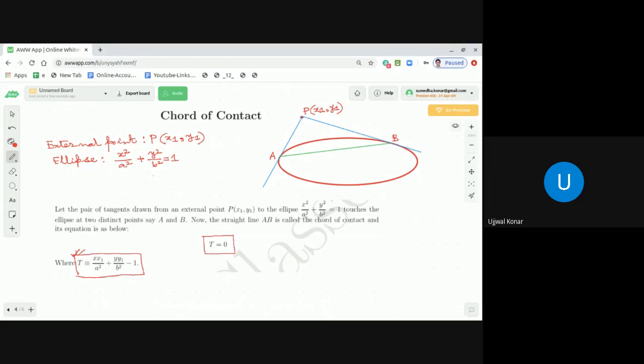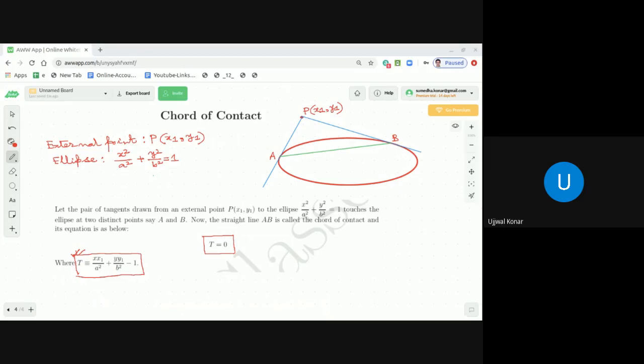Its equation is nothing but T equal to 0 as a symbolic representation, or in another way we can say that its equation is x(x1) by a square plus y(y1) by b square minus 1 equal to 0. Correct, dear students? Now, the next point, that is the last point as far as the theory is concerned, is the equation of the chord of contact in terms of the middle point.